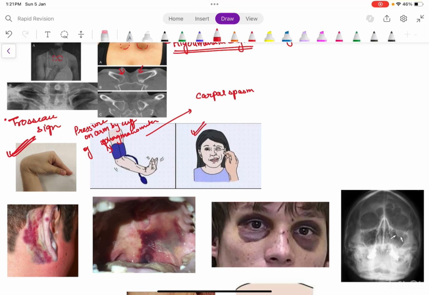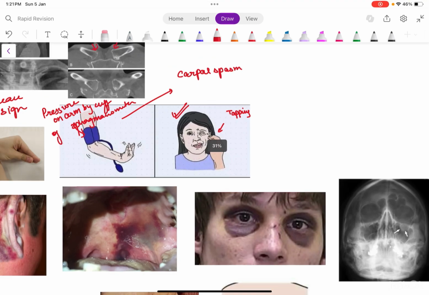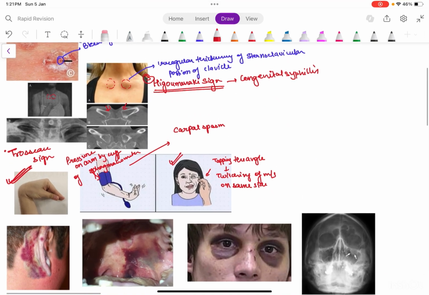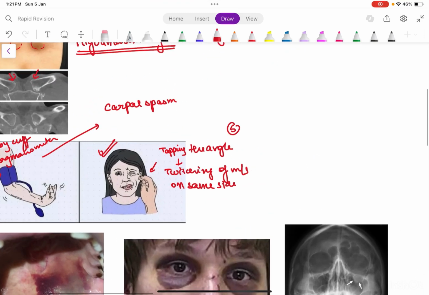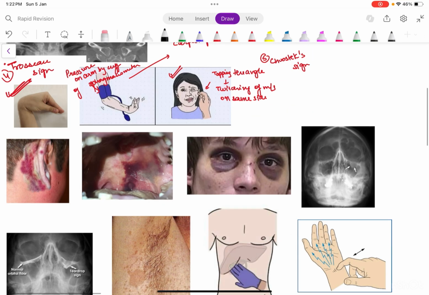Then coming on to this photograph, we are tapping the angle, and it leads to twitching of muscles on the same side. This was the fourth, and this fifth sign is called Schwartz's sign. Both 4 and 5 are seen in tetany, that is hypoparathyroidism.